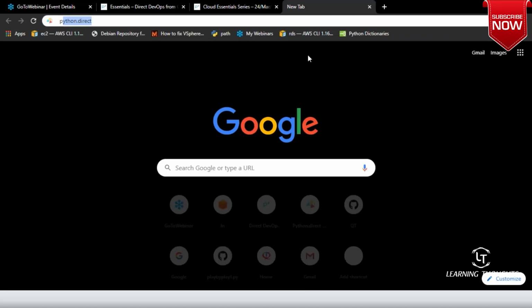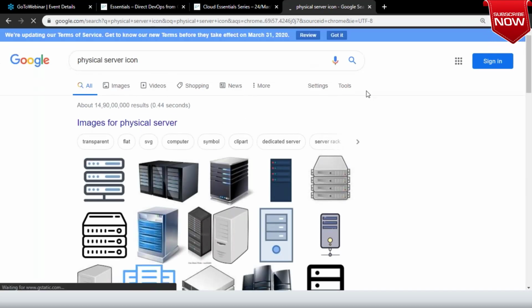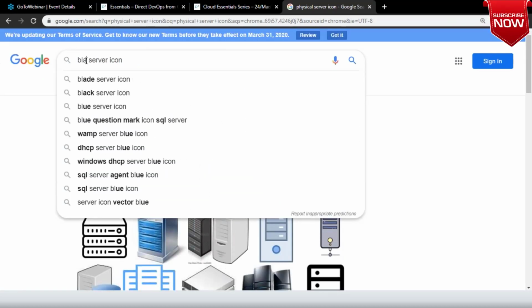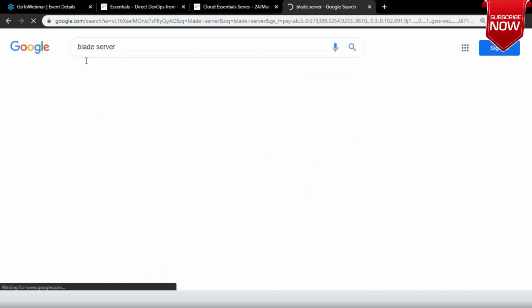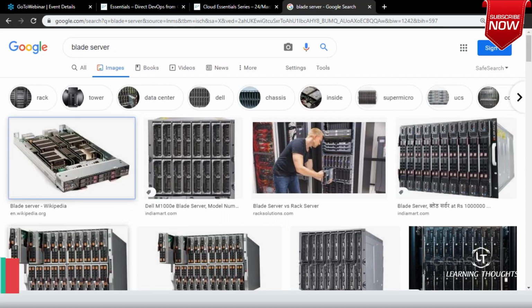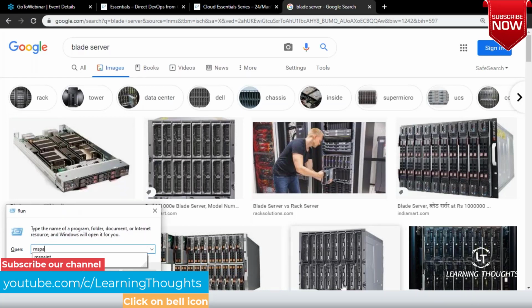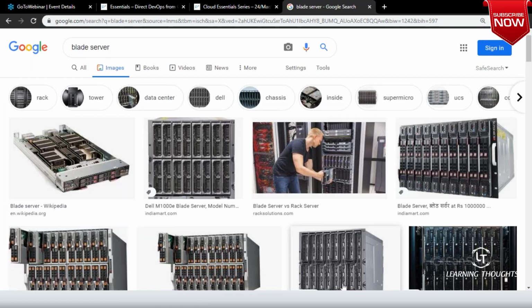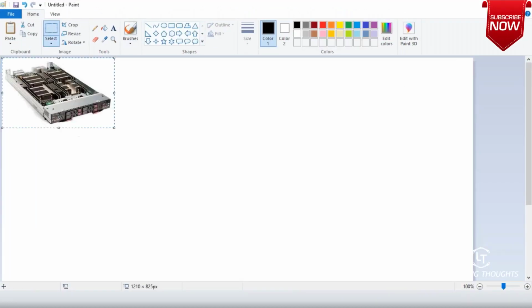Let me go with the physical server image. So, this is a physical server.